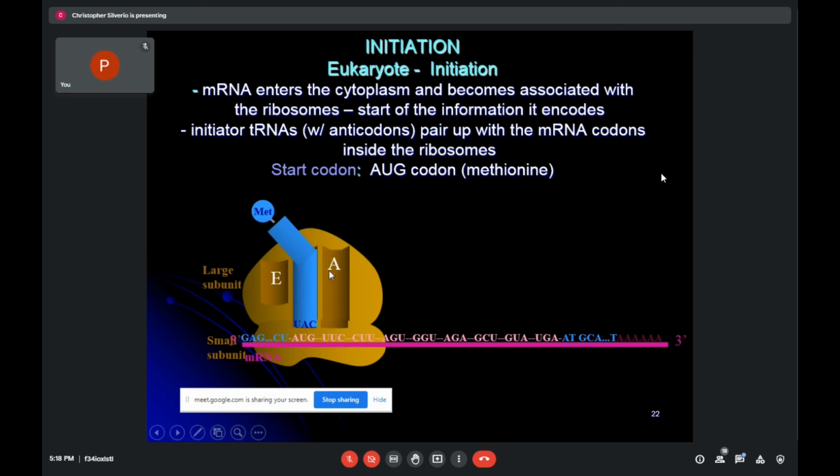They have the A site, meaning the amino acid site, and then the P site, the peptidyl site, where the transfer RNA is bound, and the exit site.